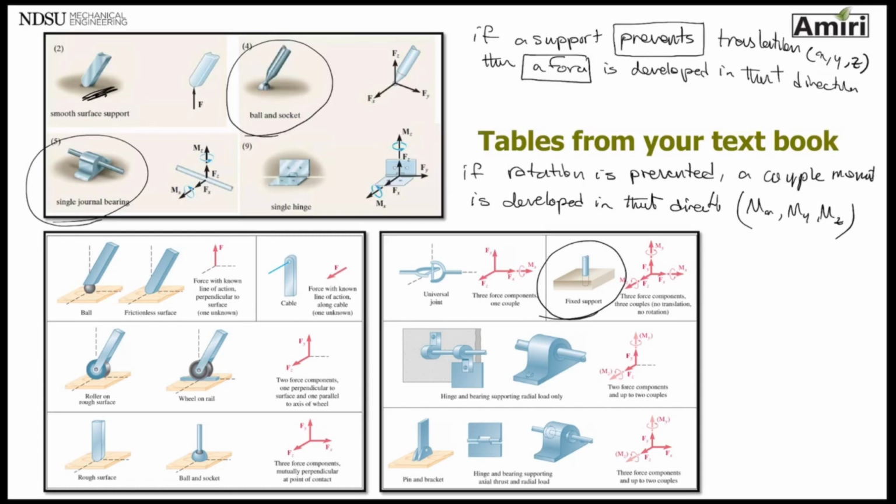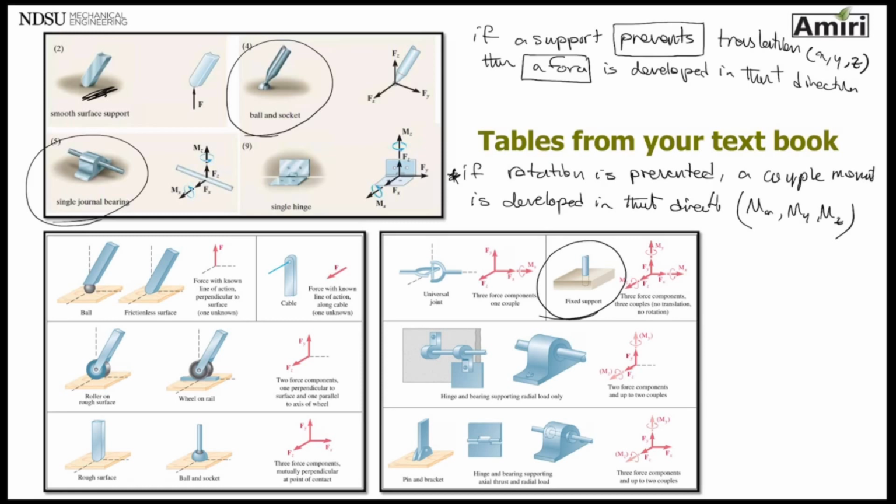So for example, for ball and socket, it's a fixed support, but it can rotate in all 3 directions. So there is no rotation prevented. So it does not generate any moment in any direction. But it's 100% fixed in X, Y, and Z. So it generates 3 forces in X, Y, and Z. So you got to go through them and get familiar with each type of support.